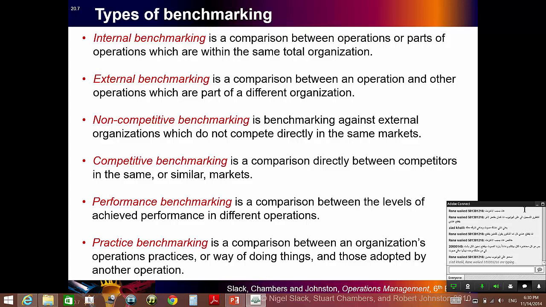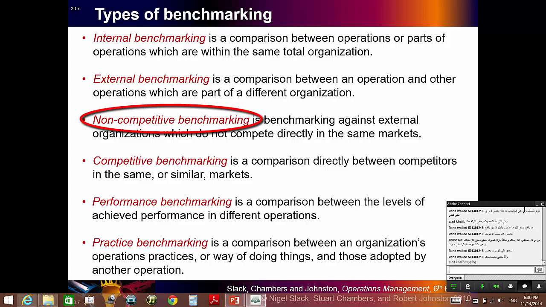Okay, the third type of benchmarking is the non-competitive benchmarking, and this is related to comparing our organization with another organization that's not in our industry, not in our field. Okay, for example, we compare Jarir Bookstore and Al-Mara'i.